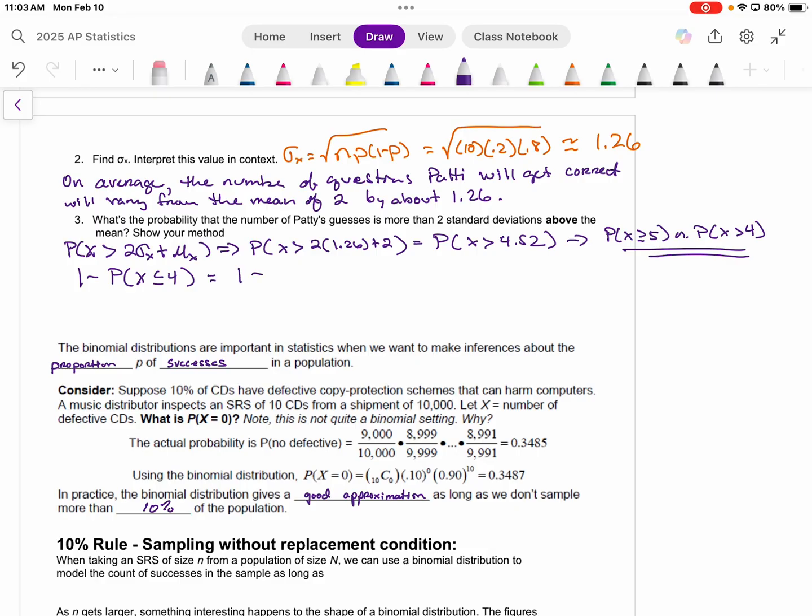So 1 minus binomial CDF. Trials was 10, 0.2, and we were putting 4 in there. That works out to be, if you trust me, 0.0328.